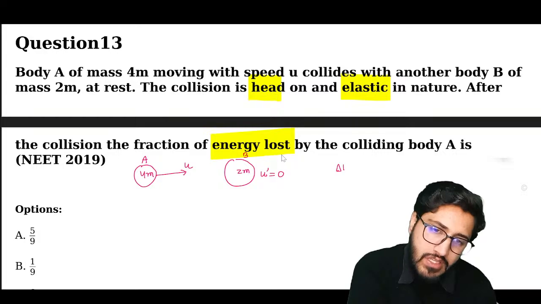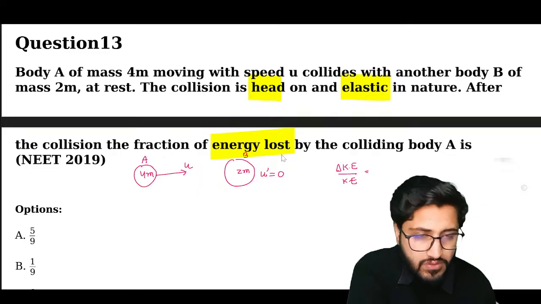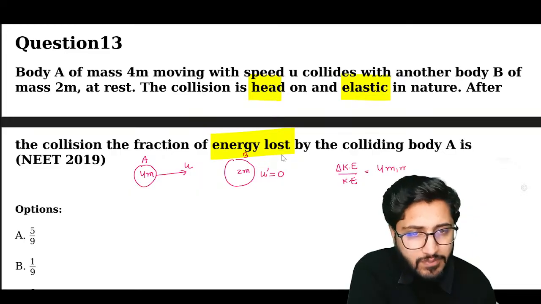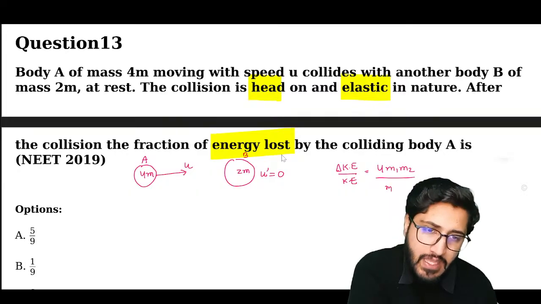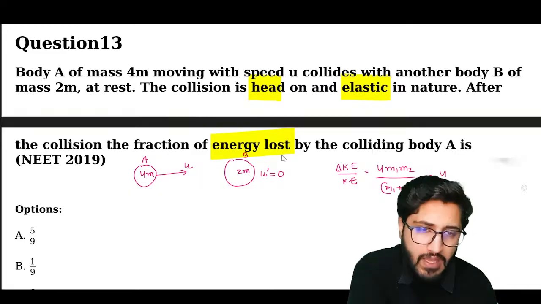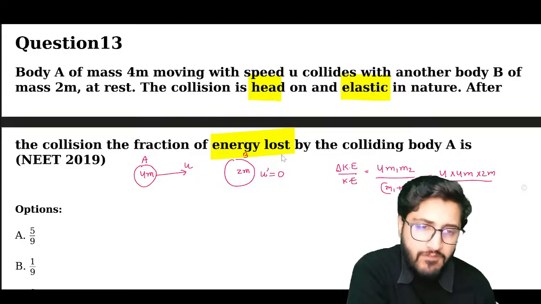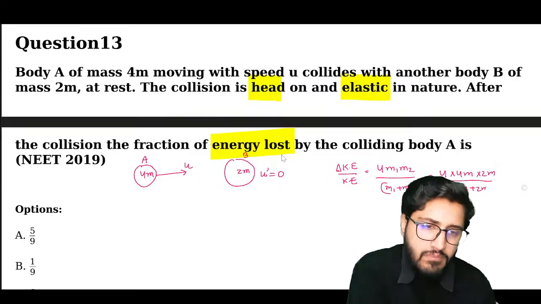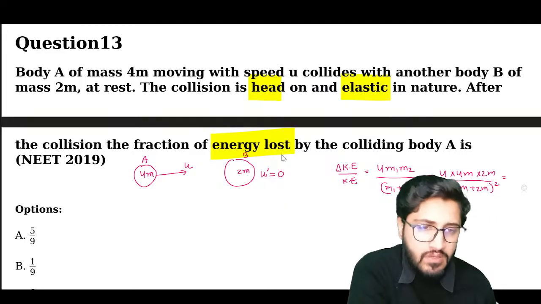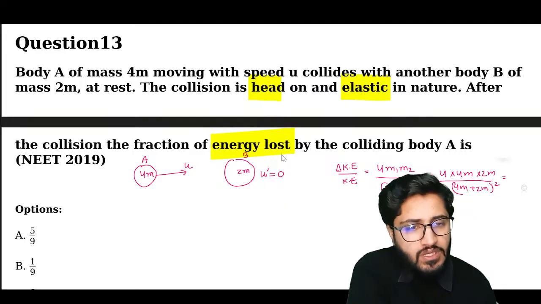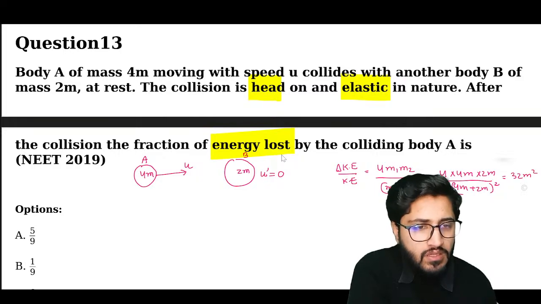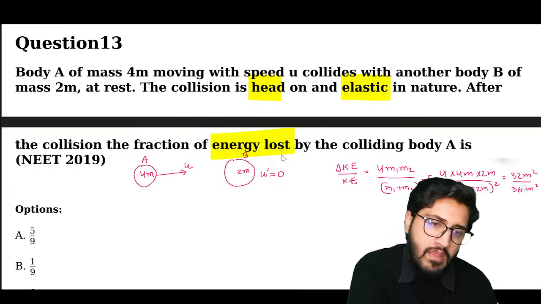It is change in kinetic energy divided by kinetic energy, equals 4 times m1 m2 divided by m1 plus m2 whole square. m1 is 4m, m2 is 2m, divided by 4m plus 2m whole square. 4 into 4 into 2 is 32 m square. 6 square is 36 m square. m square cancels.